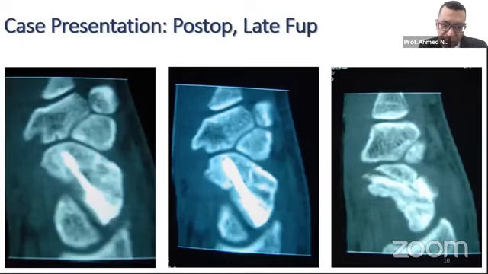This is what I meant by going from the dorsal side. From the dorsal side, our proximal screw will be perpendicular to the fracture line.